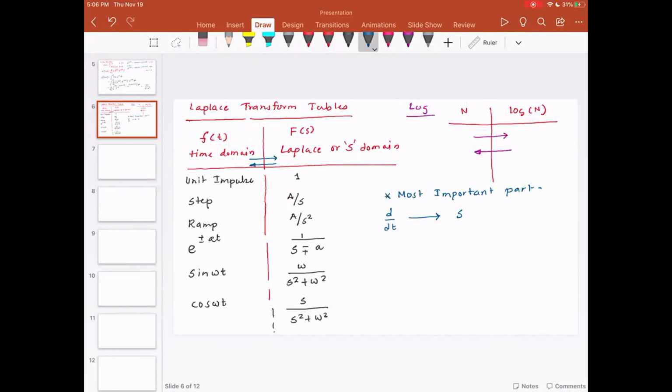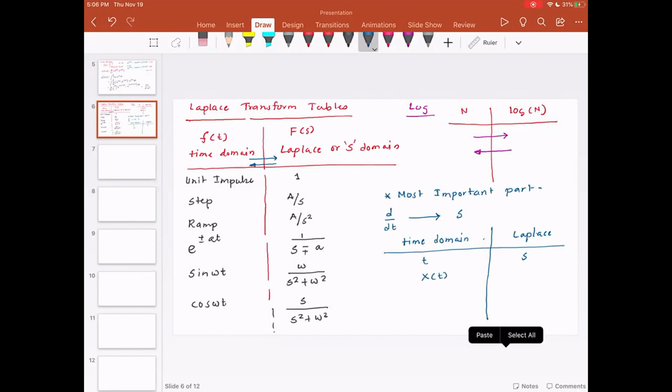let's start with something like this. I'm going to have a time domain representation, and I'm going to have a Laplace domain representation. In time domain, my independent variable is time. In Laplace domain, my independent variable is s. Let's start with the function.